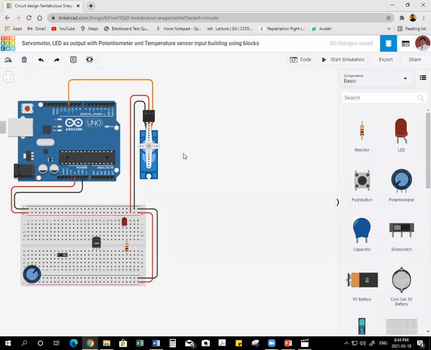Now we need two inputs, that is from temperature and from the potentiometer. First the temperature will finish. Power, I will connect the power here, red, and ground, black. Now power.